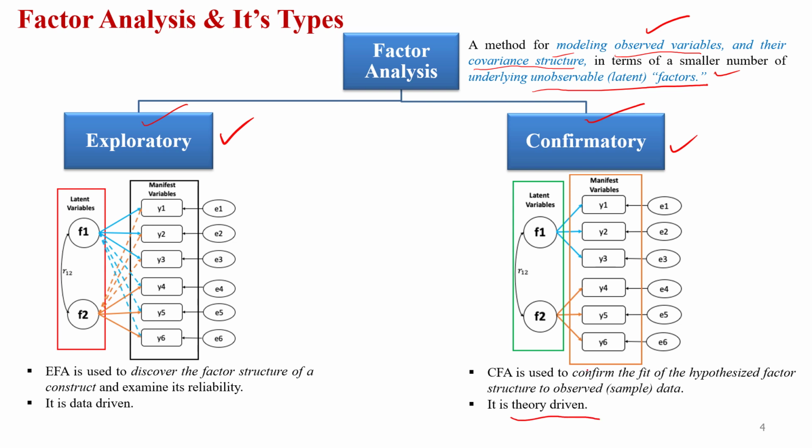Like we know the question items of happiness, based on the previous literature and previous theories, that we can use these items to quantify a latent variable, that is happiness. So when we know this, we can apply the theory-driven confirmatory factor analysis in order to confirm whether those variables are measuring those factors.